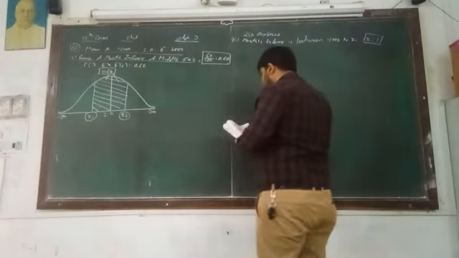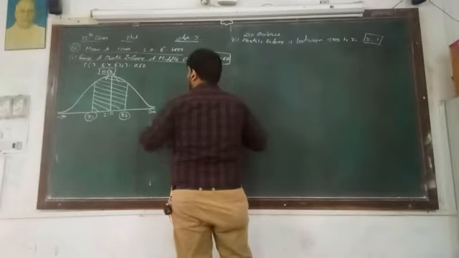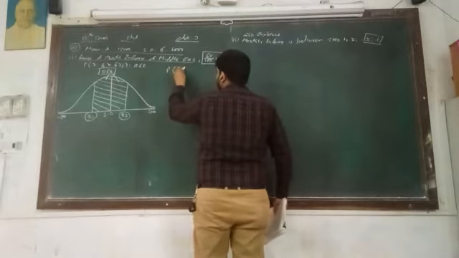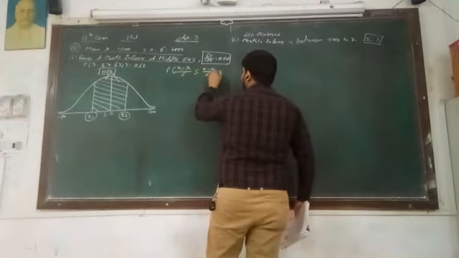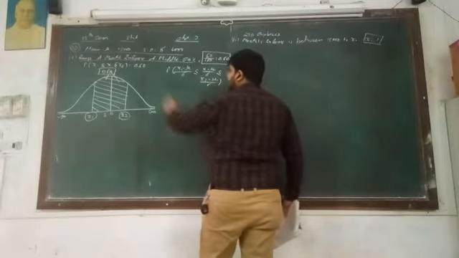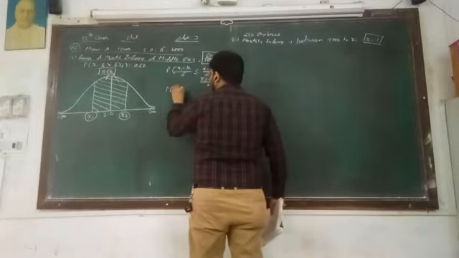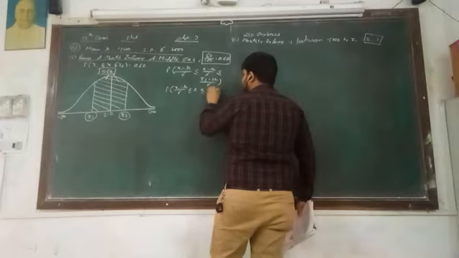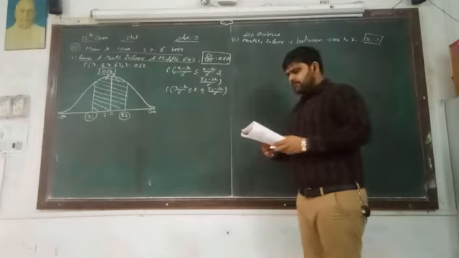First of all, we have to convert x into z. So simply, P is equal to P of (x1 minus mu) upon sigma less than z less than (x2 minus mu) upon sigma.